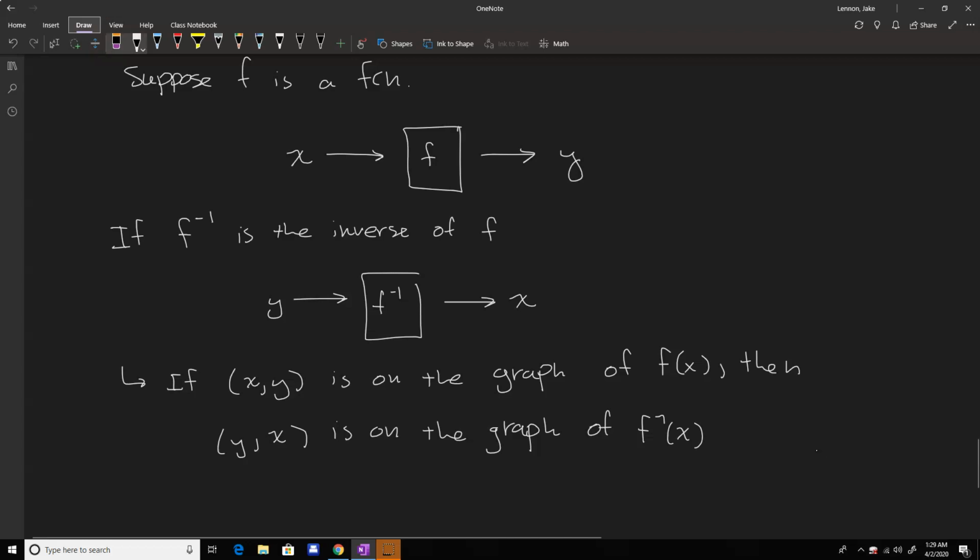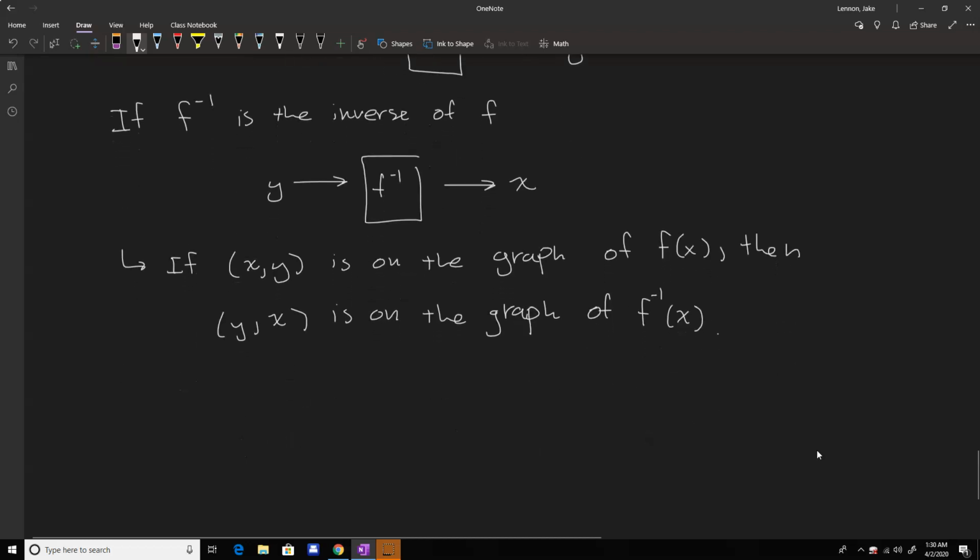So a result of that is basically, let's think about it from the perspective of the graph of f inverse of x.